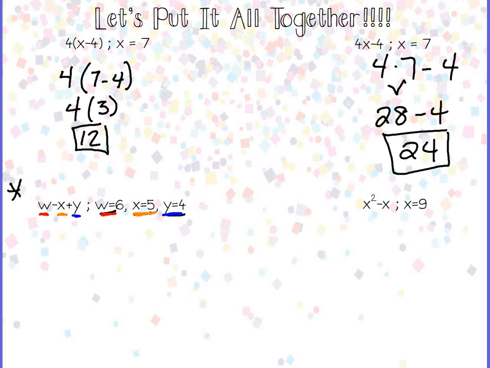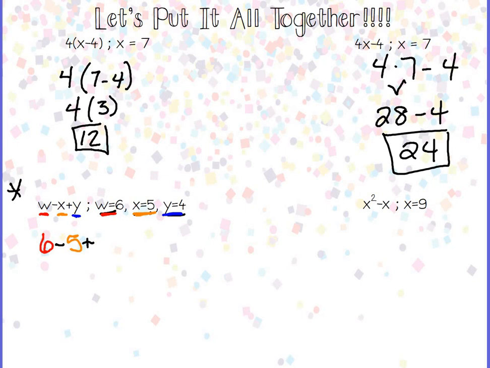All right, so I know what I'm substituting. So w is what I see first, so I'm going to substitute in the 6. And then I keep the subtraction. My next variable is x, and I know that for x, it's equal to 5, so I'm going to substitute in the 5. And then I keep my addition.